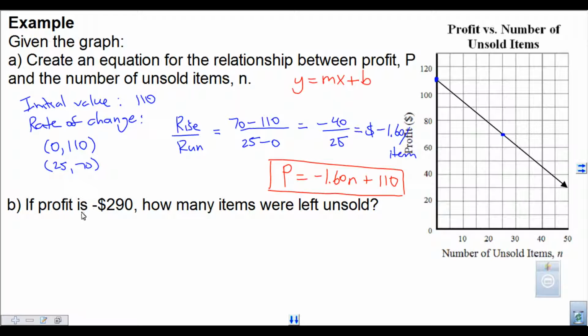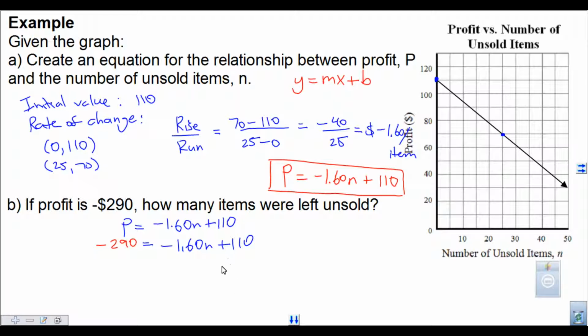So here, this models how profit relates to the number of unsold items at a store. Now, if the profit at a store is negative 290, so that means they lost money, how many items were left unsold? So we can use our equation here to solve for N, the number of items left unsold. So the profit is negative $290, and that's equal to negative 1.60 N plus 110.